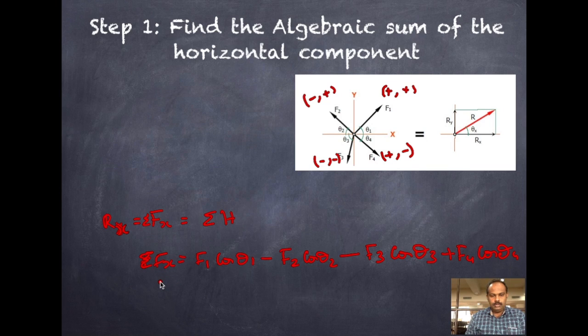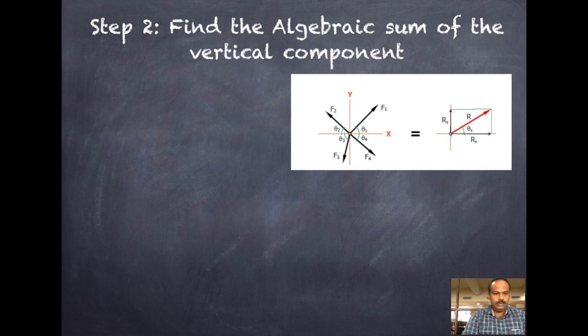Now let's move on to the next step. Now we need to find the algebraic sum of the vertical component. That could be Ry, sigma V, or sigma Fy. So let's do it like this.